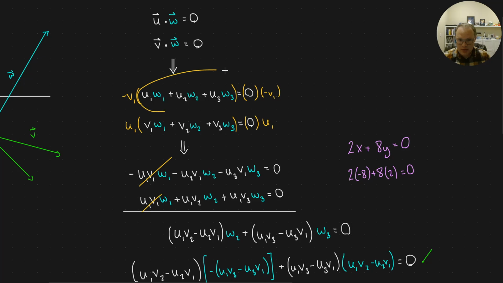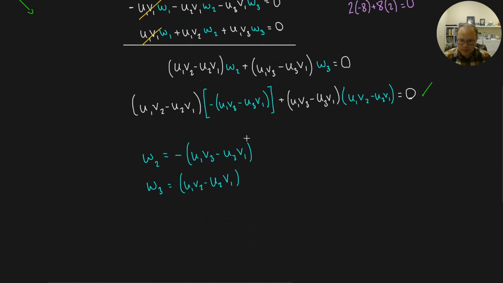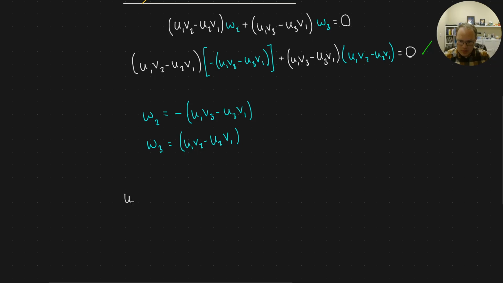All right, so let's plug into this first equation. That first equation was U1 W1 plus U2 W2 plus U3 W3 equals 0. Plug these guys in.